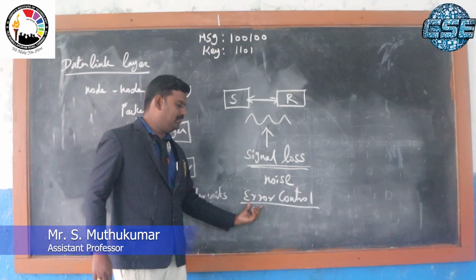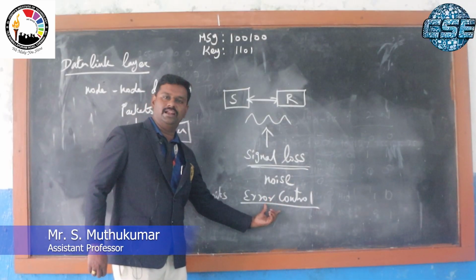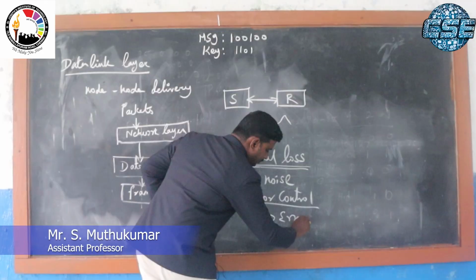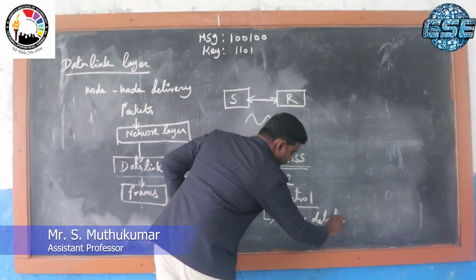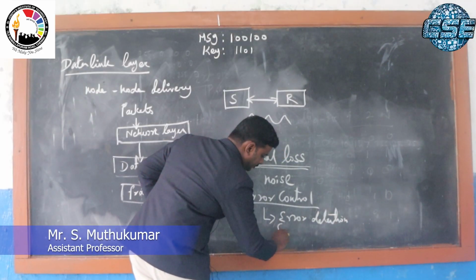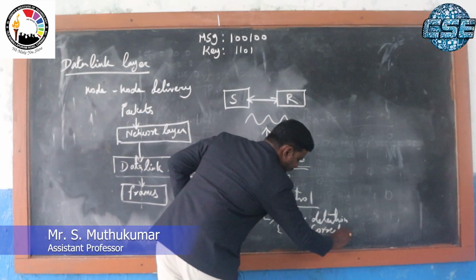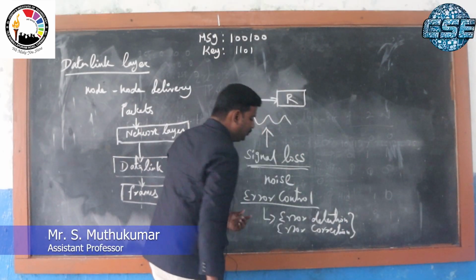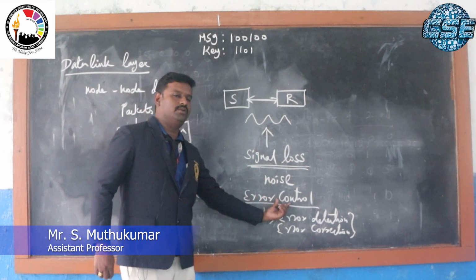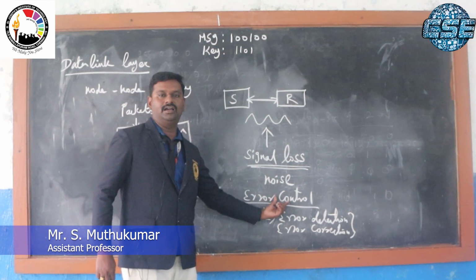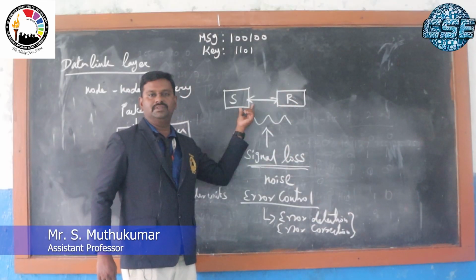With the continuation of that, we are going to discuss error control, which is error detection and error correction. So, we are ensuring the reliability of delivery of data from the sender to the receiver.